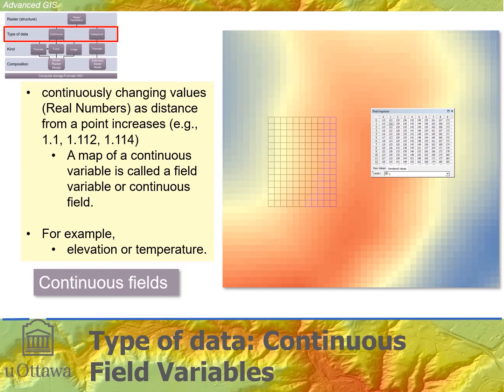In this case, integers are used to represent that continuous variable because the measurement of the variable for this raster was not accurate enough to hold decimal places. So the precision of the number used is 0 decimal places, so it's an integer value. But the variable itself is still a continuous variable, even though it doesn't have decimal points. It has the capacity, theoretically, to contain decimal points. And so we call that a continuous field. Elevation and temperature are good examples of a continuous field.